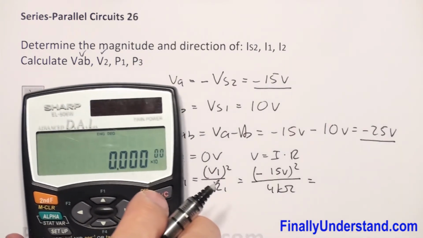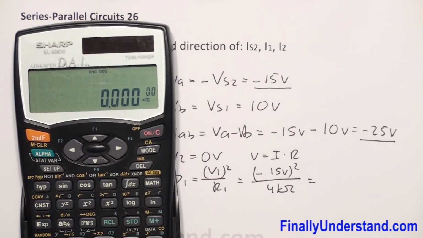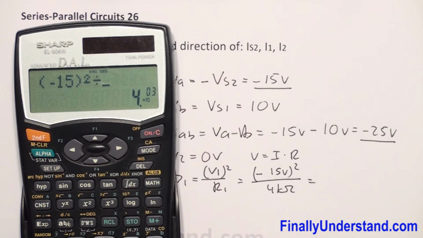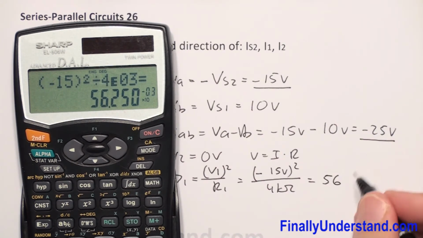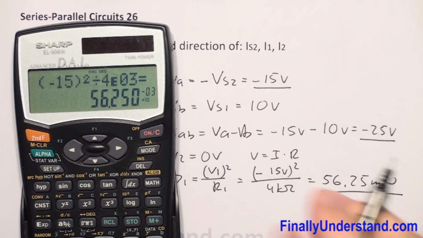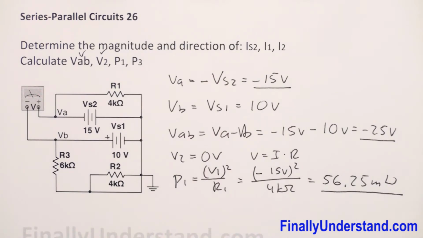So this is equal to negative 15 to the second power divided by 4 times 10 to the 3, which equals 56.25 milliwatts. Okay, so this is my power at resistor R1.